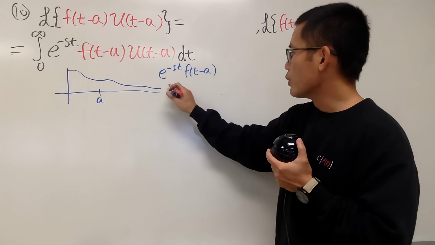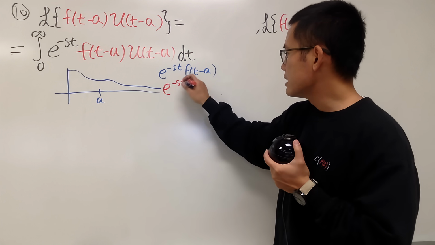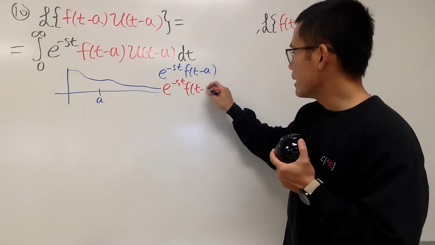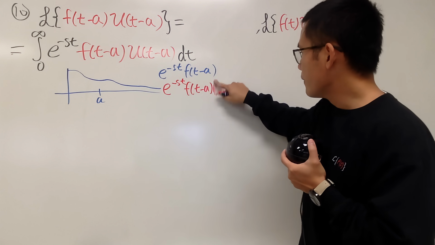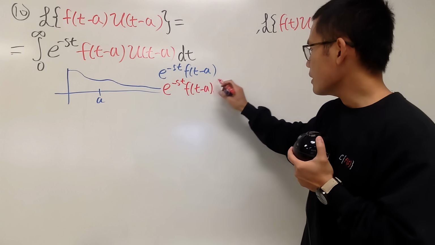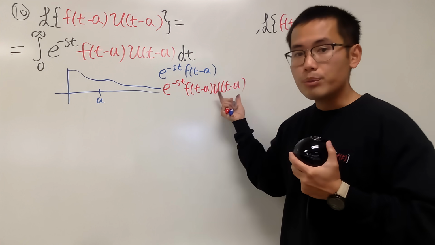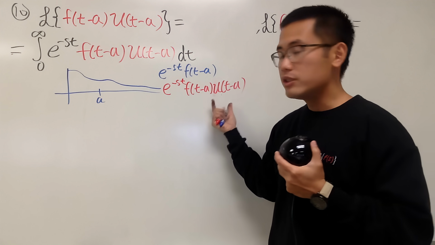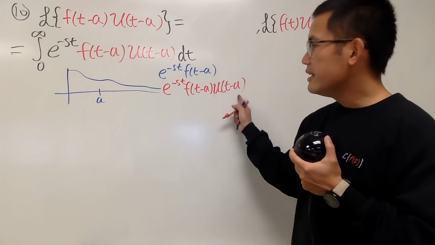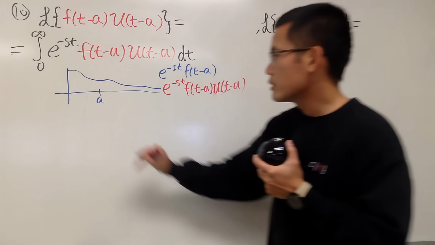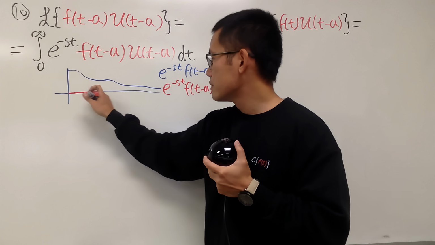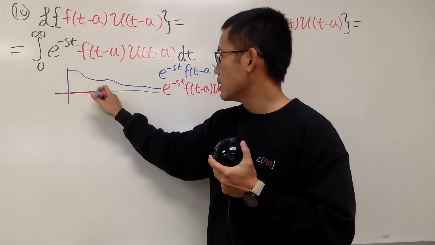Now I will graph e to the negative st f of t minus a times u of t minus a. So here is going to be the change after we multiply by that. And the only change is that, well, anything before a, it's going to be 0. So we have this right here, like that.